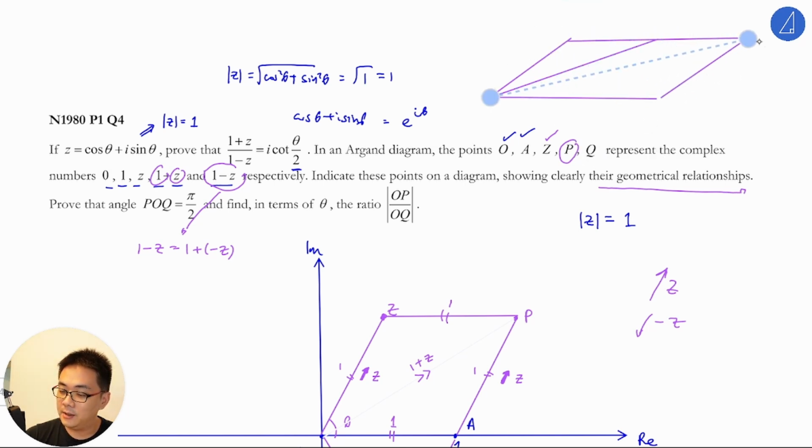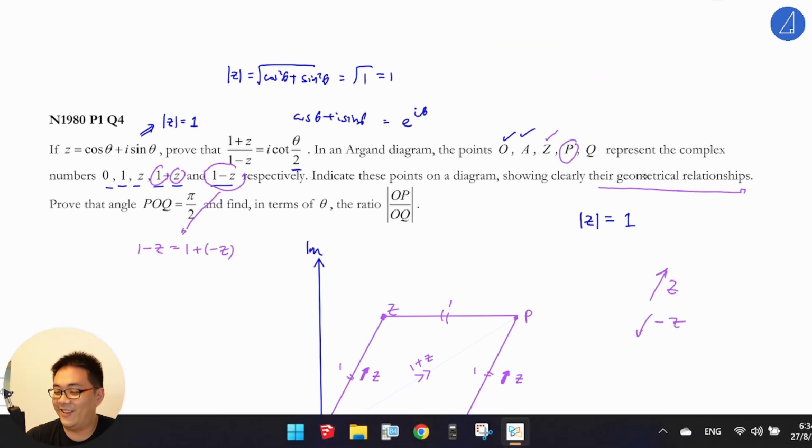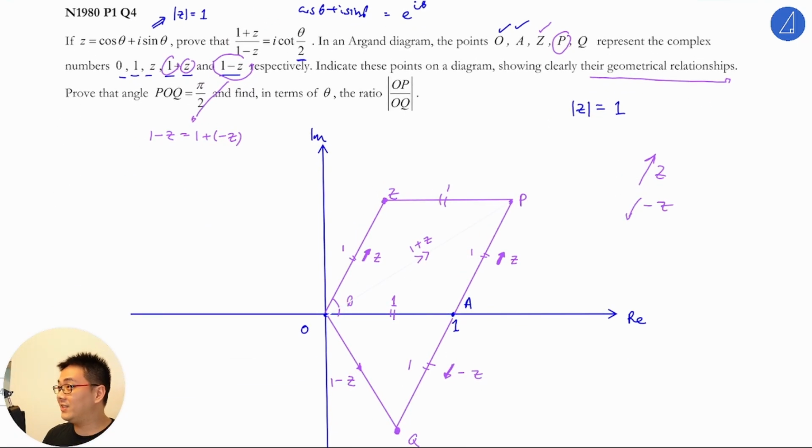This diagonal, can you see it's not bisecting the interior angle? It will only work when it's a rhombus. So just take note. If you can't tell that it's a rhombus, you're pretty much screwed for the exam. So only the diagonal of a rhombus will bisect the interior angle. Make sure you understand that.